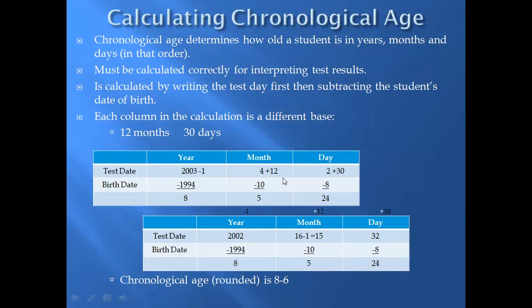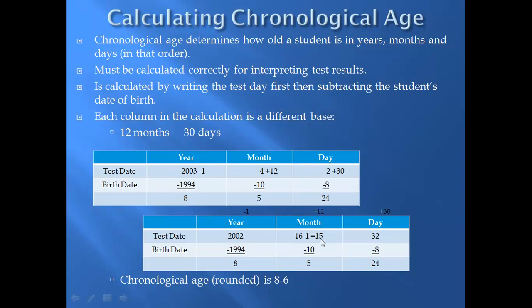So we have to add and then we have to subtract. So we wind up with 32 days. Because the average month is 30 days, even if we're talking about February. It is done the same way. So now we're ready to compute our problem. So 32 minus 8 is 24.